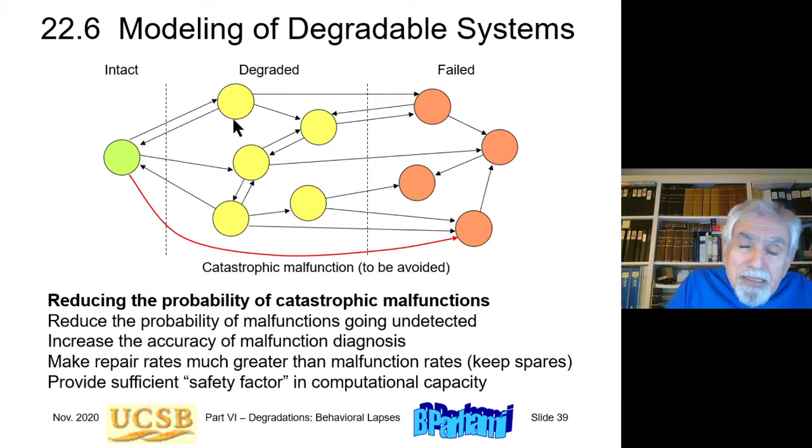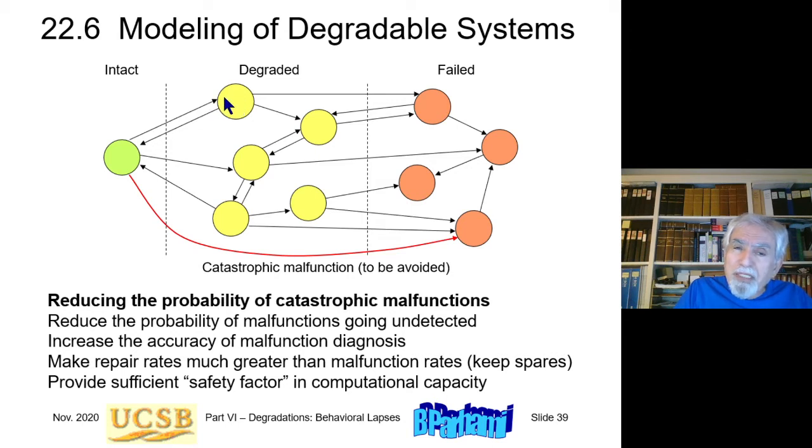Okay, notice that here I've basically ignored the possibility that a system can go directly from the intact state to a failed state. And this was the notion of coverage that we discussed in some detail. So for example, I mentioned this state corresponds to one processor malfunctioning. If you don't detect that malfunction, or the system is not able to reconfigure itself in order to tolerate that malfunction, that's the coverage.